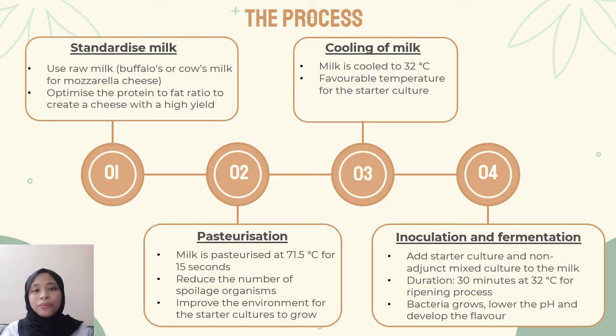For the inoculation of starter culture and non-starter adjunct bacteria, these two cultures will be added to the milk and held at 32 degrees Celsius for 30 minutes to allow the ripening process. The fermentation will occur where the bacteria of the starter culture will grow, the pH will become lower, and the cheese will develop flavor.